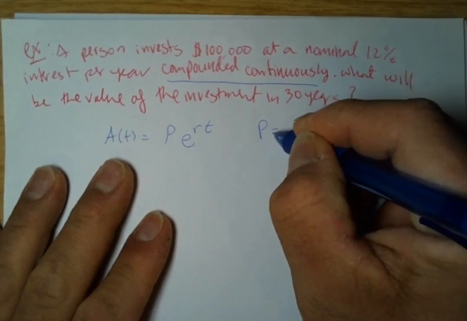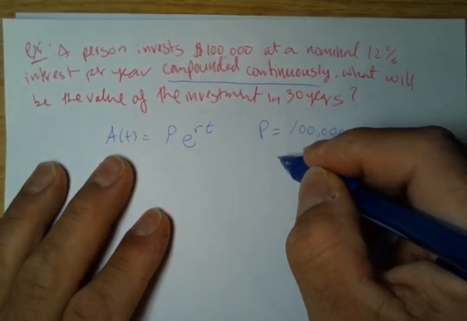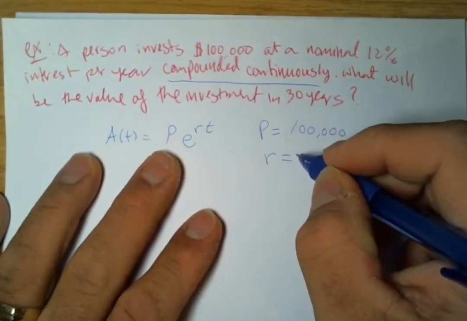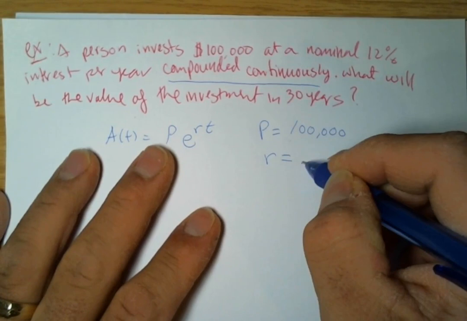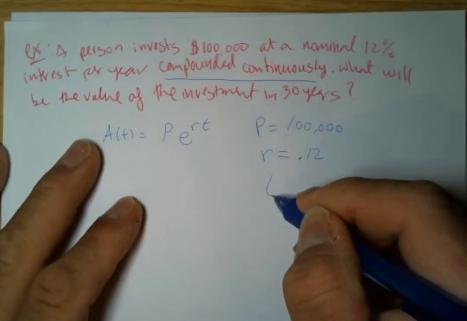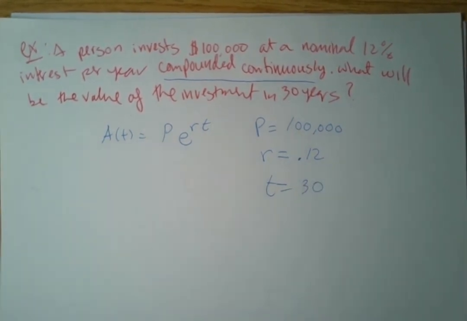So our principal, what we started off with, is 100,000. Our rate, remember, E is a constant, so E is the number E. The rate is 12% per year, so we'll take T to be in years, and we want to figure out what happens at the end of 30 years.